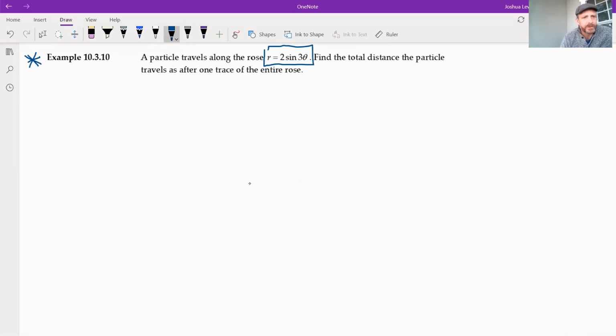And if each petal has a certain area, and if there's any symmetries involved in even a single petal, how does all that play together to come out with some nice way to find the actual area? I'm sorry, not the actual area, but how far that particle actually travels as it moves along that path.